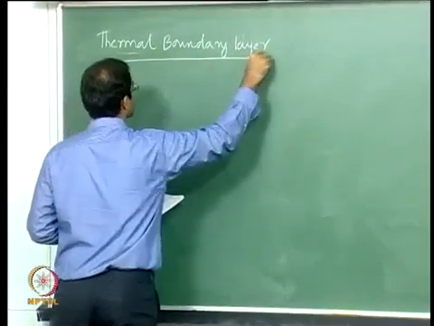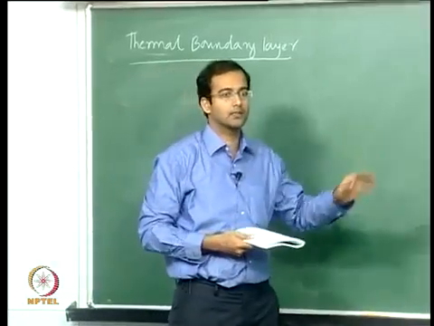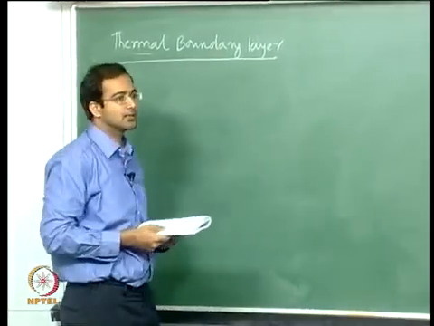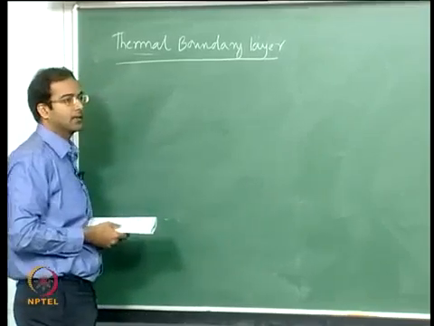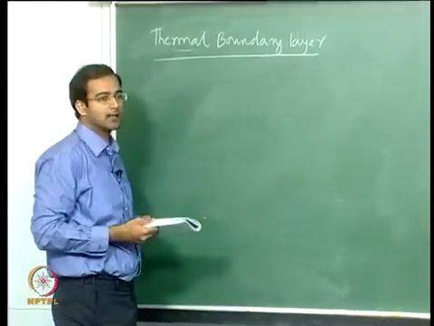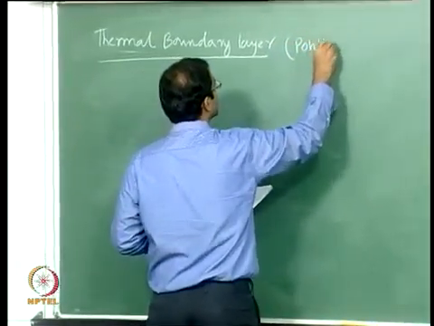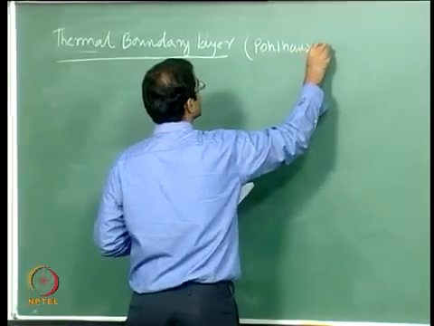Blasius did the flat plate solution for only the fluid hydrodynamics and stopped there. It was Pohlhausen who extended the similarity solution towards heat transfer. So this is also called the Pohlhausen solution.